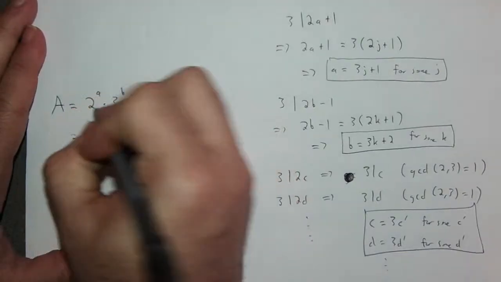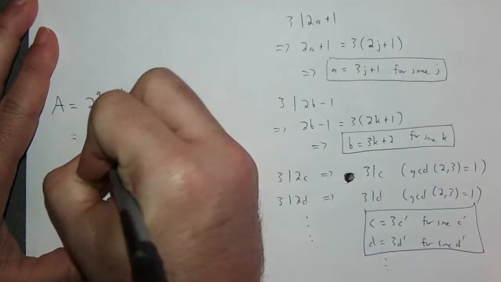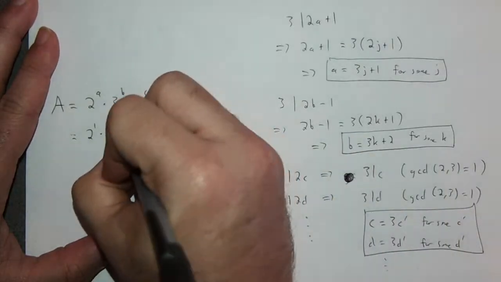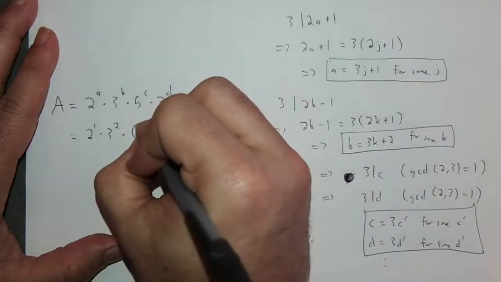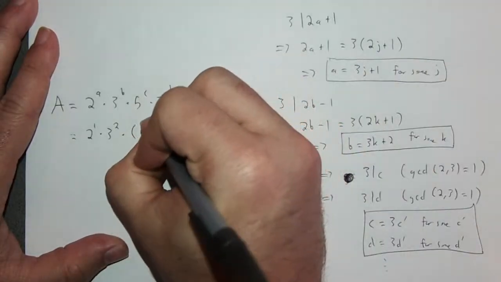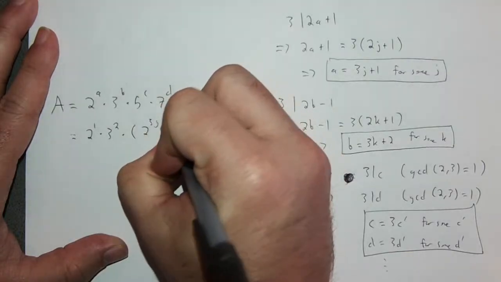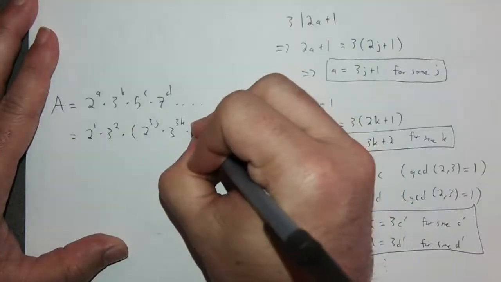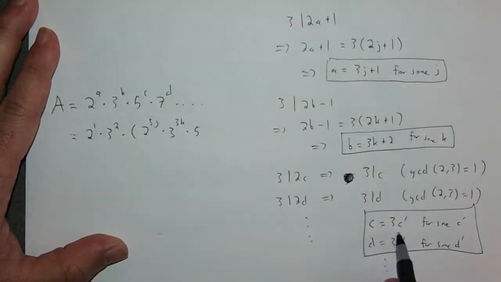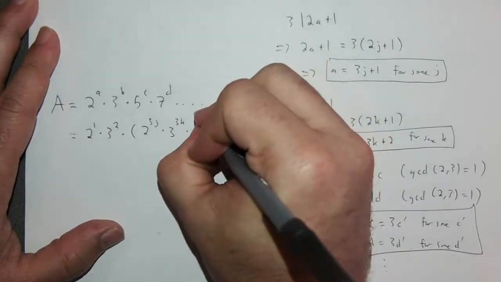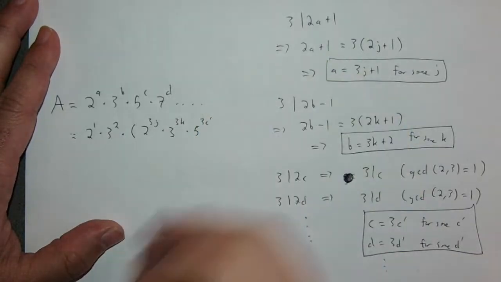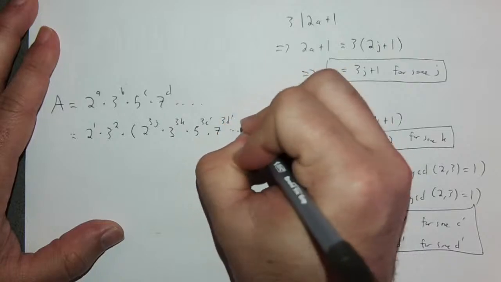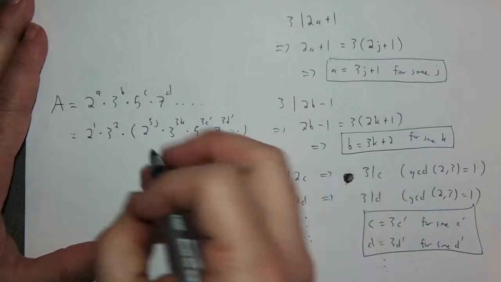So I can write this as 2 to the first times 3 squared times what's left is 2 to the 3j times 3 to the 3k times 5. C is 3 times c prime, so this is 5 to the 3c prime times 7 to the 3d prime, and so on. The rest of these are all powers of 3 is the idea.